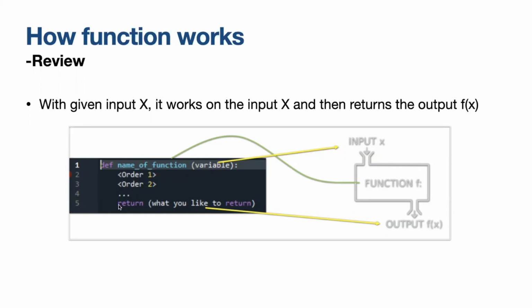And then there might be output. There might not be any output, but usually there is output with the return statement. So you write here what you would like to return. With the given input x, we go through the function f, and we get the output.